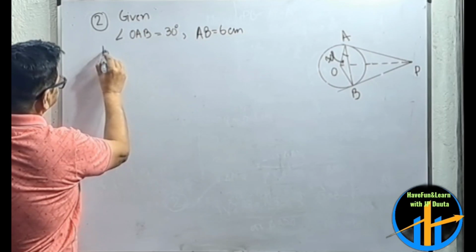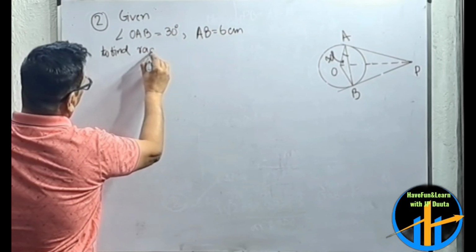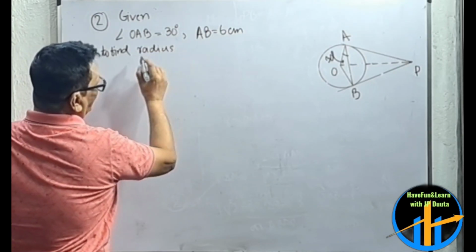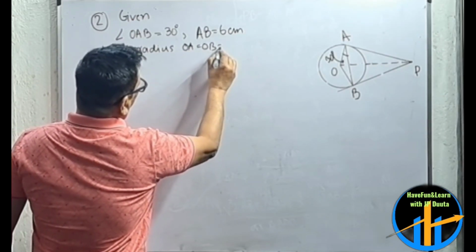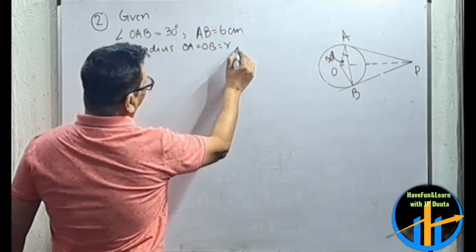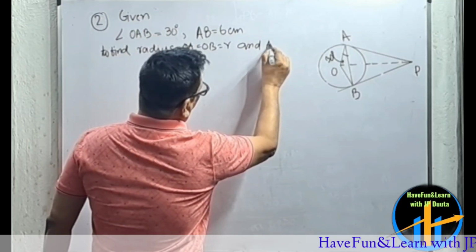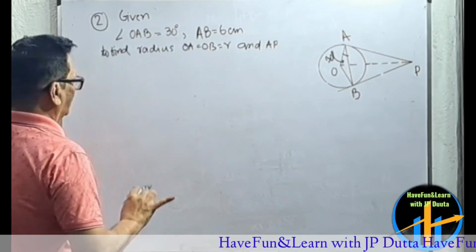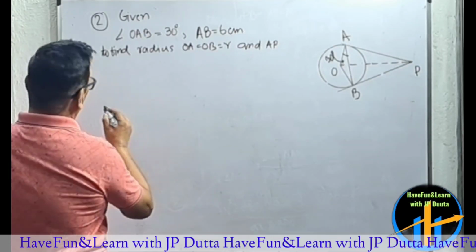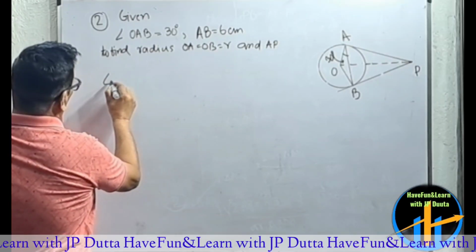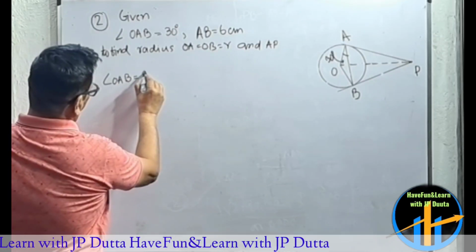To find radius OA equal to OB equal to R and the length of AP. Now see, angle OAB is equal to 30 degrees.